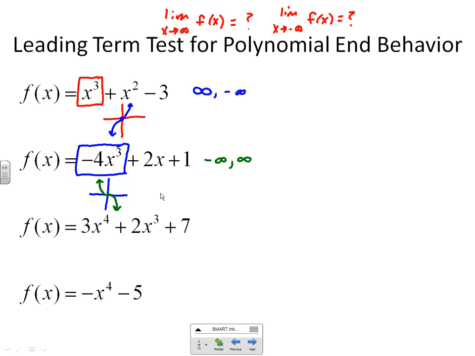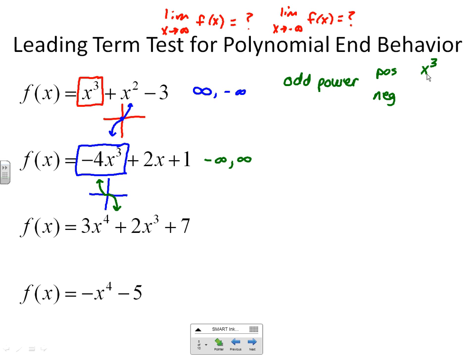So what we can determine now is a rule for any odd power with a positive in front and with a negative in front. Okay, anytime you have an odd power as your leading term and you have a positive number in front of it, it will act just like the graph of x cubed.